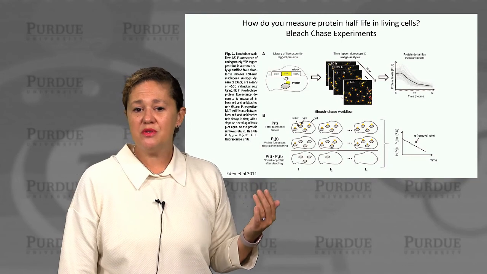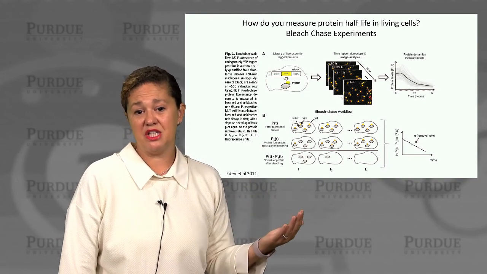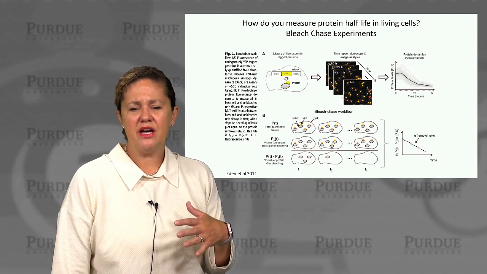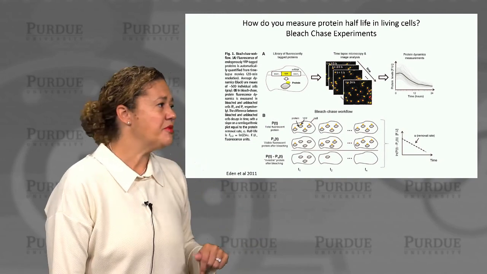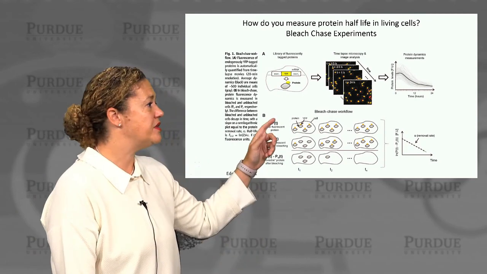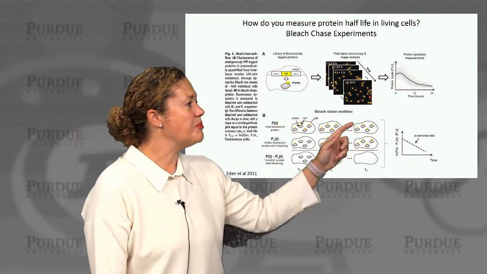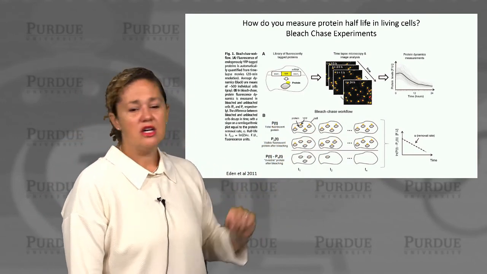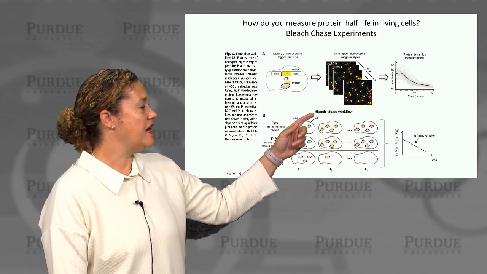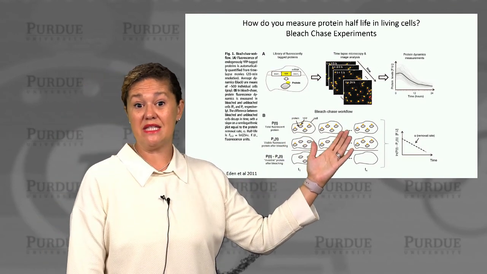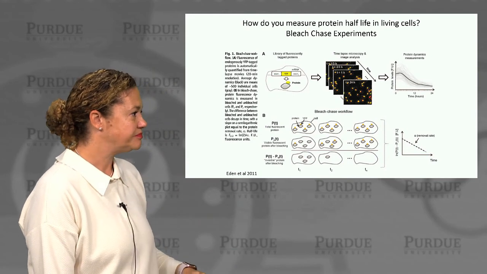But as we know, protein levels are going to be affected by production and decay. So how do we experimentally get rid of that production? They came up with a clever trick using a bleach chase workflow. The idea is, in this top row, you have all the proteins that are labeled with the fusion YFP, so they're all going to be glowing. We can see them when we excite them.